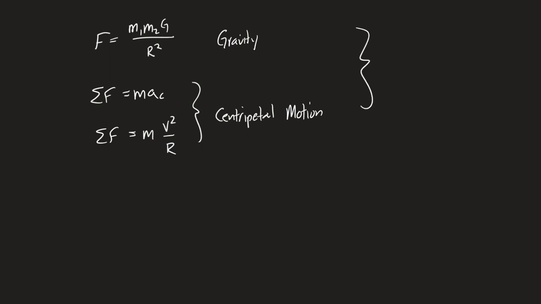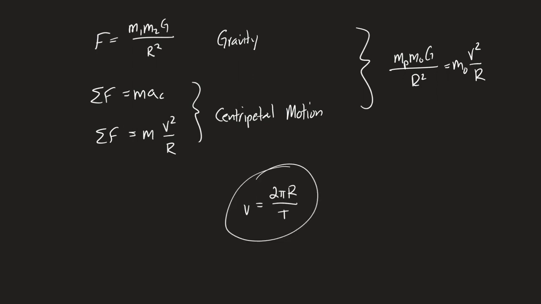You said if you combine them, you can use it to figure out the speed of something in orbit. And lastly, you can do more than that. We didn't get this far, but you should be able to use this plus this to figure out how long it takes something to orbit.